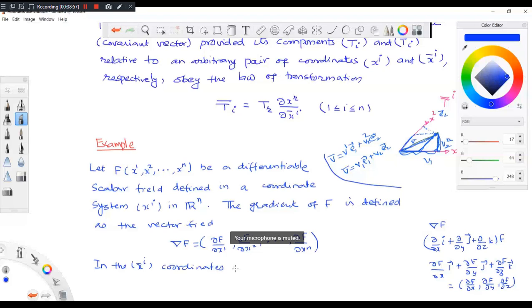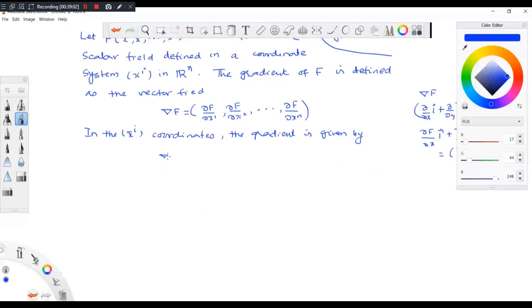So del f bar or del bar f is equal to del f by del x bar 1, del f by del x bar 2, etc., del f by del x bar n. So in that system it is given by this.